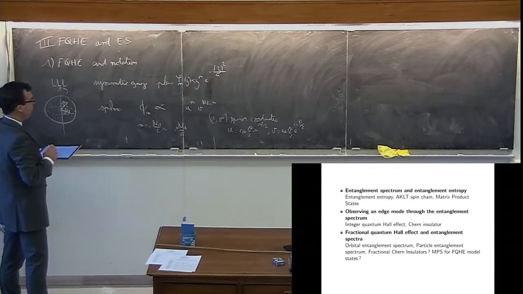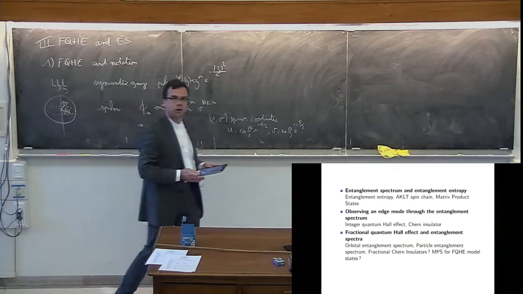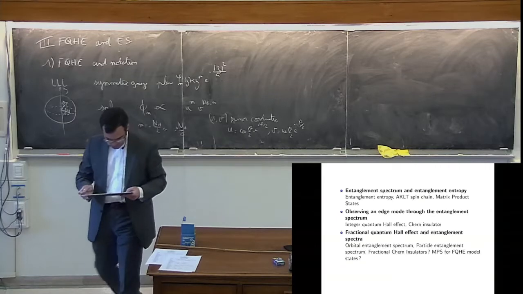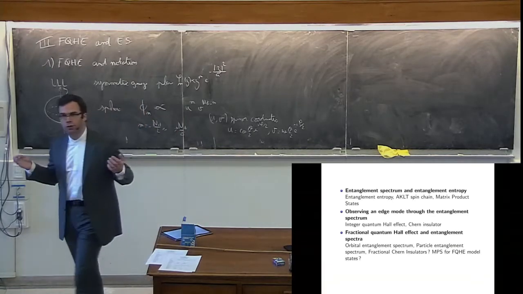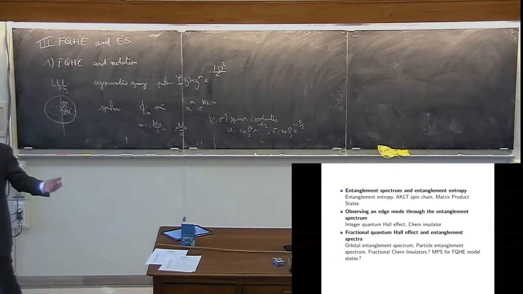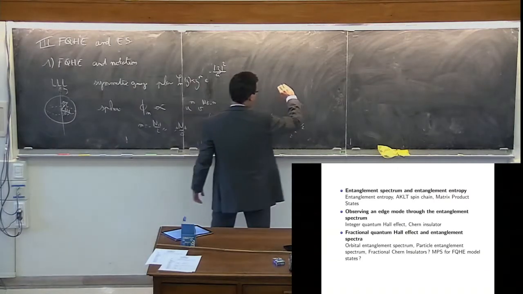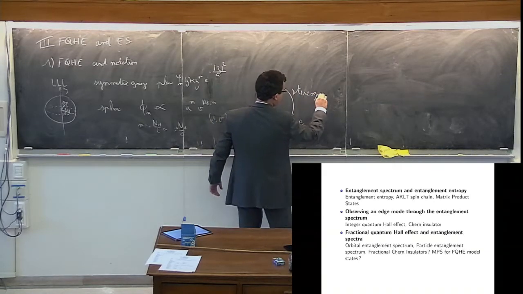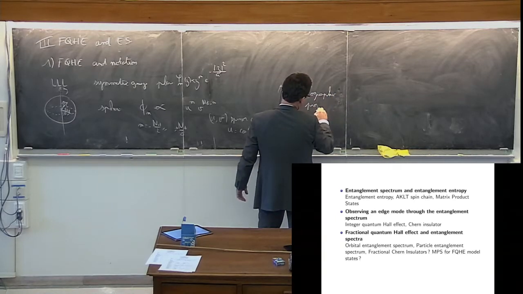So those are the two cases we will look at when we show you numerics about the entanglement spectrum for the fractional quantum Hall effect. Don't be scared by the sphere geometry. You can always go from the sphere to the plane and vice versa using the stereographic projection. So you can relate the two by the stereographic projection.